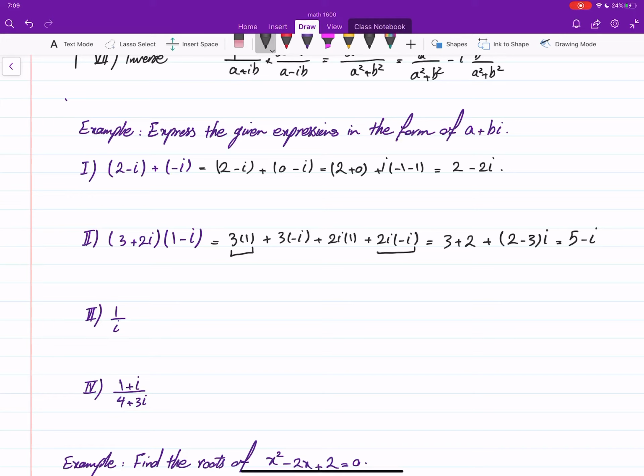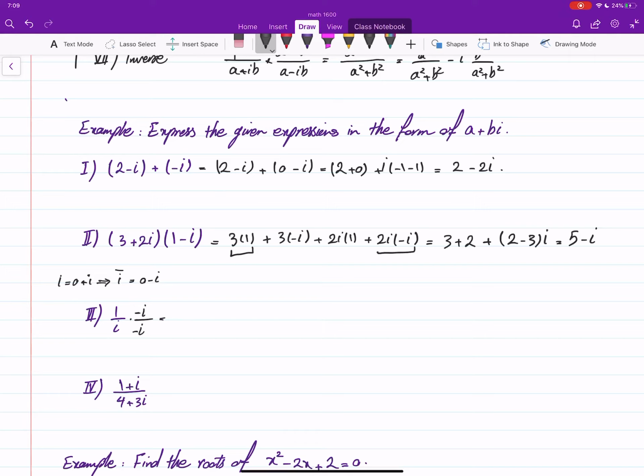So this a is 5, b is negative 1. 1 over i, you remember the conjugate. i itself is 0 plus i. The conjugate of i is going to be 0 minus i. So you multiply minus i to numerator, minus i in the denominator.